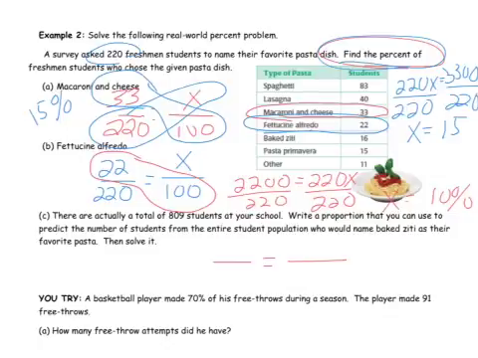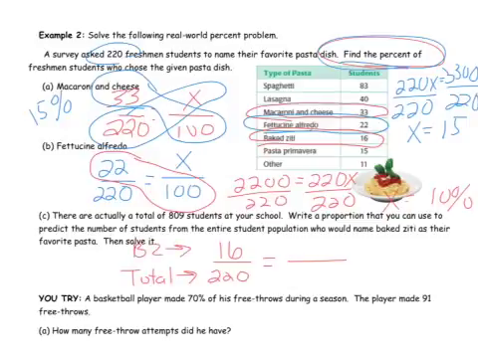So at this school, I know that we surveyed 220 kids, and 16 of them liked baked ziti. So we're saying now this is my total going this way, and this is my baked ziti going this way. So I don't know how many kids like baked ziti, but I know that there's a total of 809 students at our school.